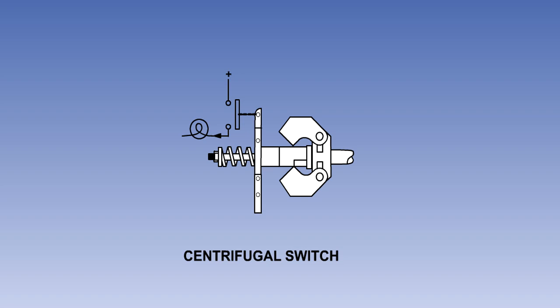Centrifugal switches can be set to activate or deactivate a circuit as the rotational speed of a device increases or decreases. In the simplified diagram shown here, the flyweights are being driven around by the component whose rotational speed is being monitored.